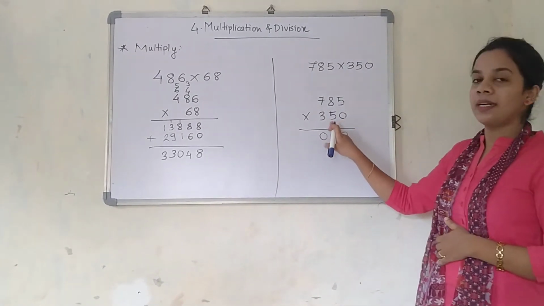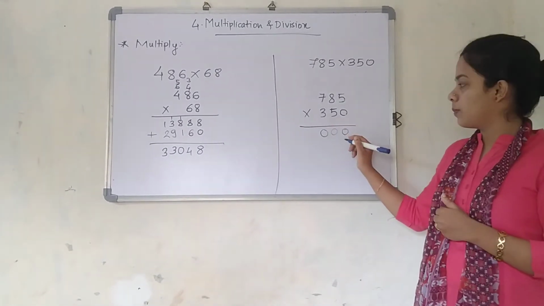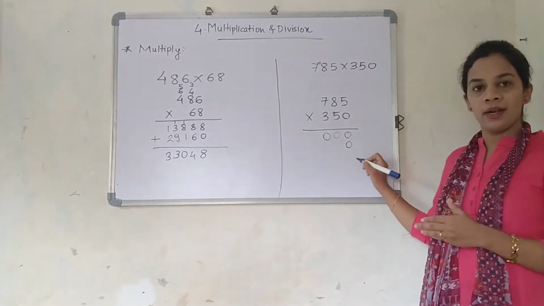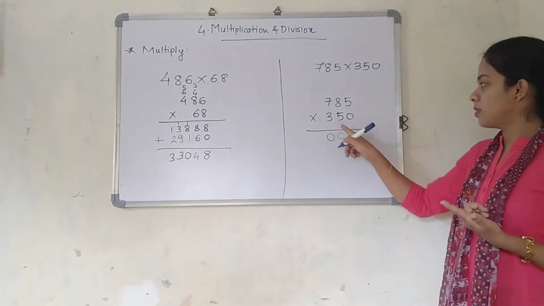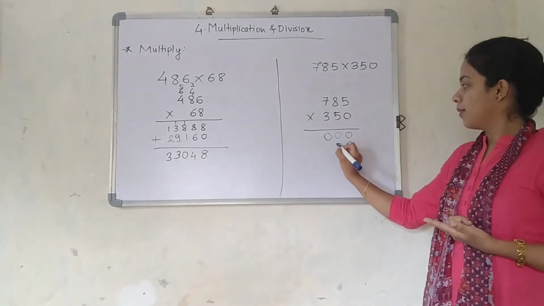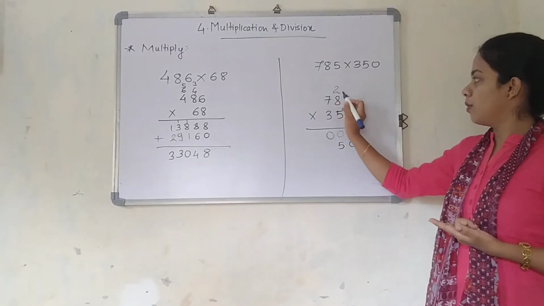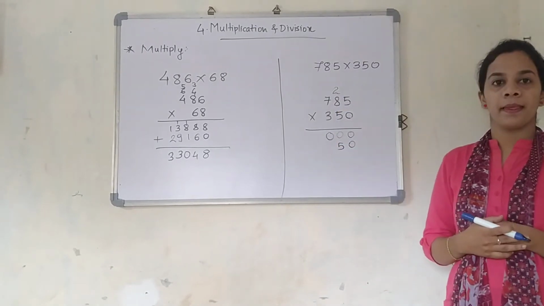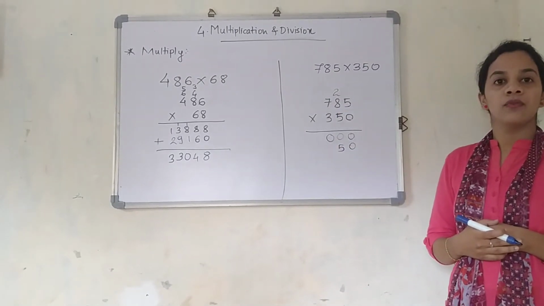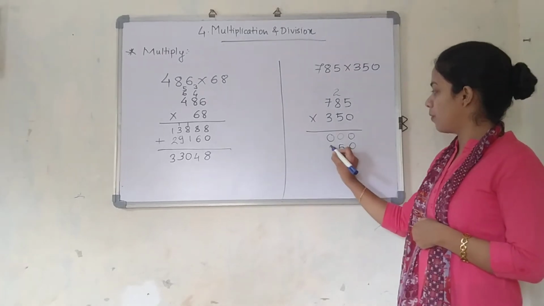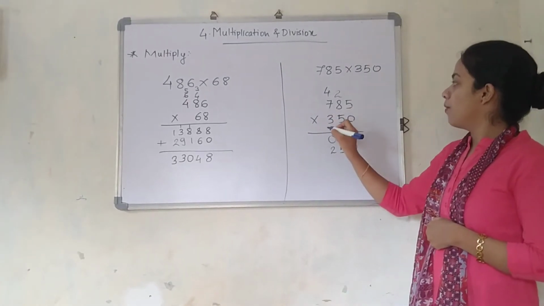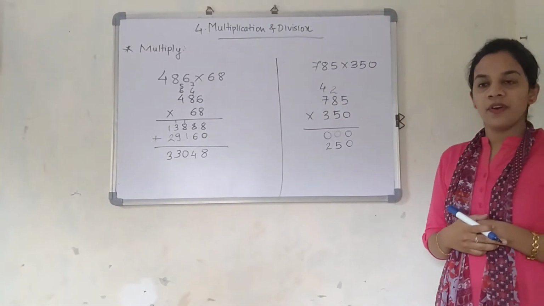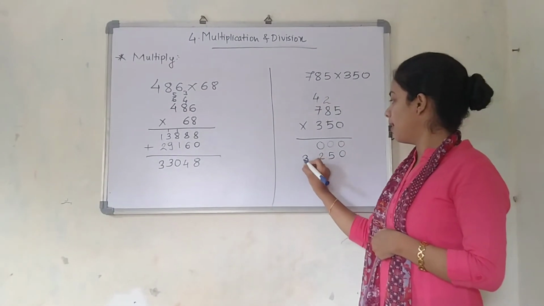Now we are going to go on the tens place. So when we go on the tens place, this number which you are going to carry down will be 0. So now let's start with this 5. 5 5s are 25. 2 will be on the top. 5 8s are 40, and 40 plus 2 is 42. 5 7s are 35. 35 plus 4, 39.